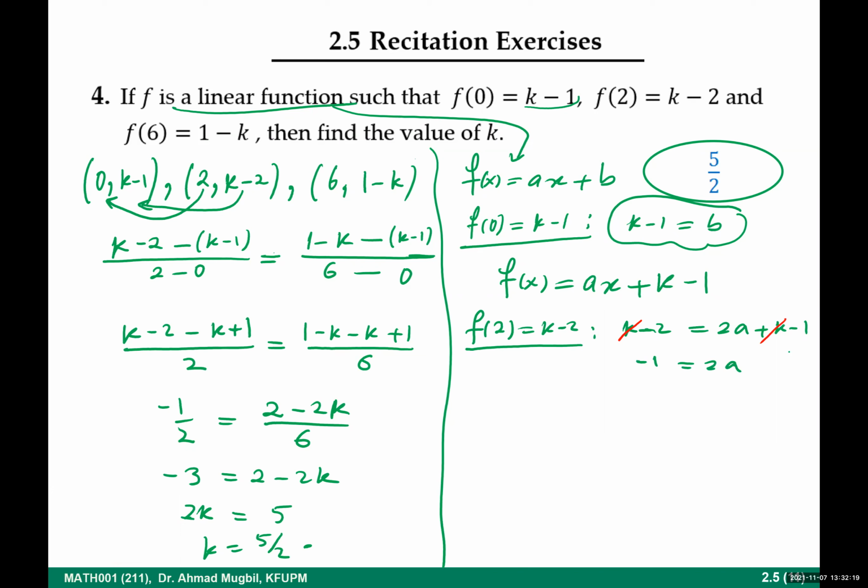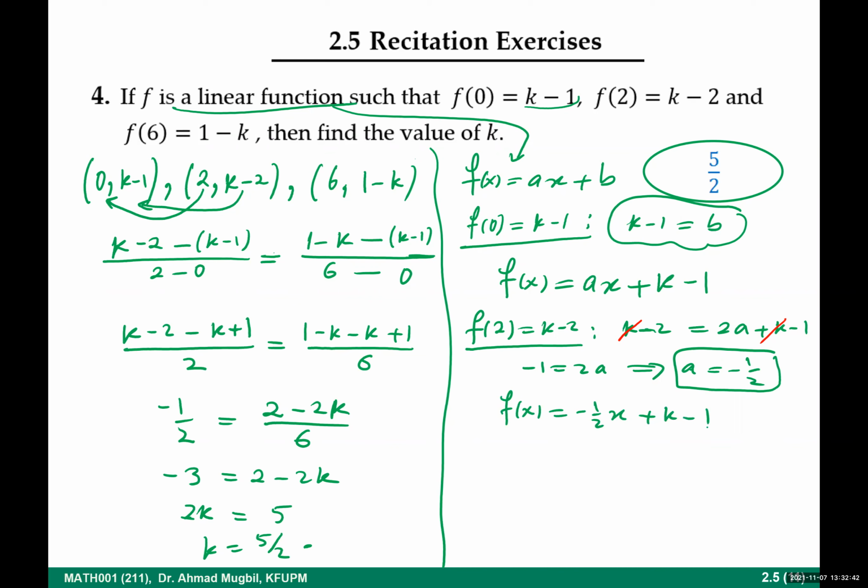You add 1 to both sides, and negative 1 equals 2a, which implies that a is negative a half. We obtained that a. Now let's update our function: negative a half of x plus k minus 1.